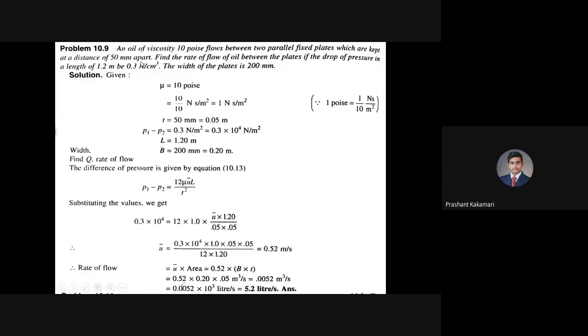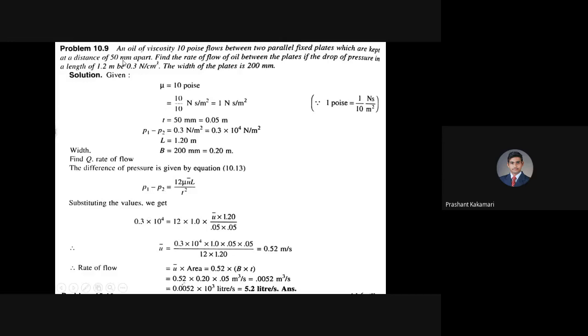Please be careful. This 50 mm apart where the fixed plates are kept is again a vertical height. So vertical height between two plates, like you can remember, fixed plates, one is the floor, one is the roof. In a given room, if the flow of air is taking place, the distance between the roof and floor is 50 mm.